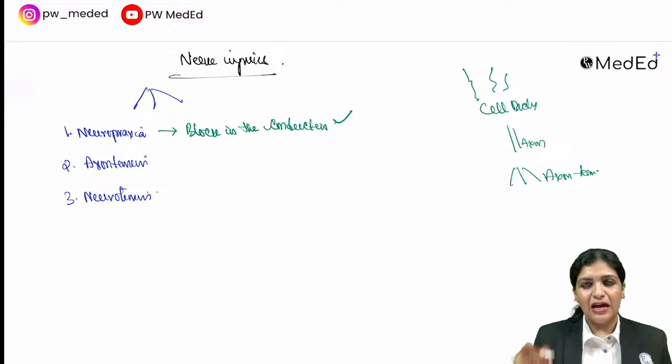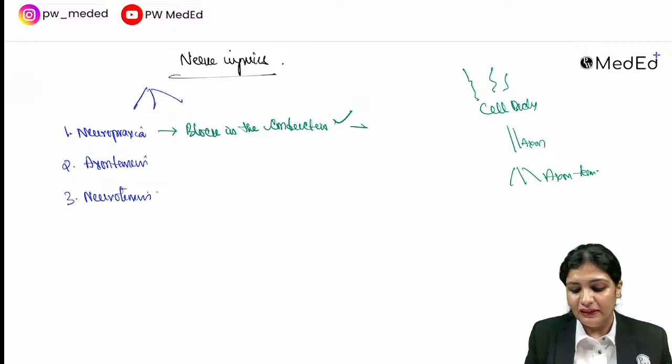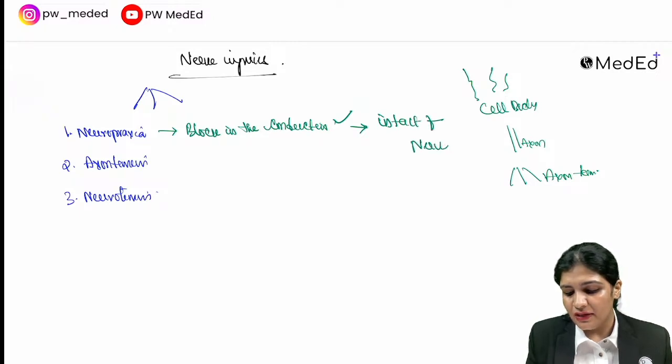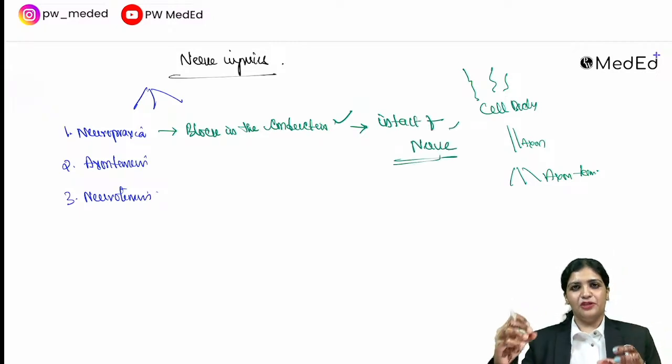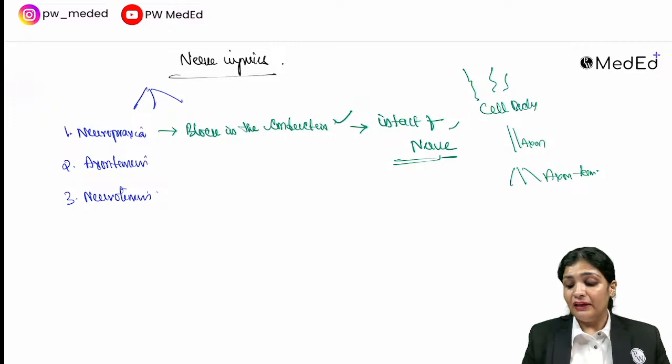So that type of injury is called the neuropraxia, and because here the nerve is completely intact, there is no structural damage present to the nerve. Because the entire structure of the nerve is intact, there is a chance of recovery.